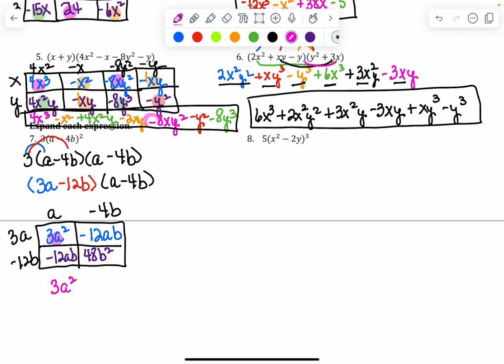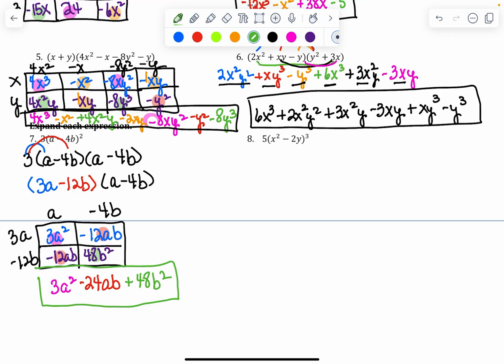And then I'm going to combine this negative 12ab and negative 12ab is a negative 24ab. And then that leaves this one to be plus 48b squared. And that would be your answer.